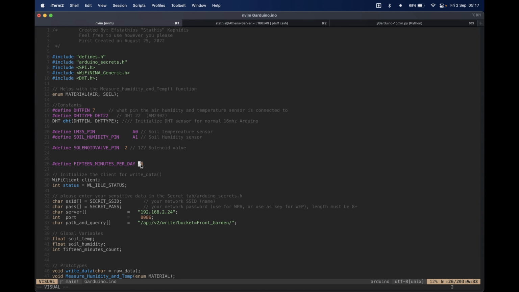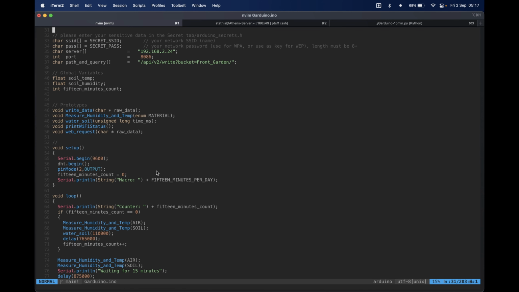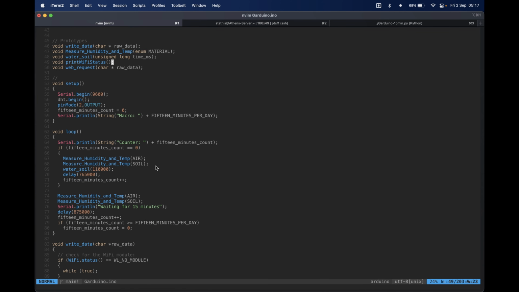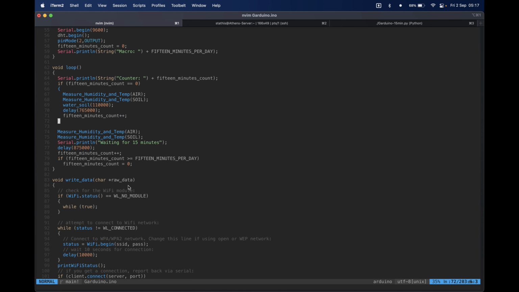The reason I'm doing it that way is so that I can get the measurements every 15 minutes, and when I want to water, I just have this counter which I initialize to 0, and if it's 0, then it waters for 2 minutes, then waits for the other 13. Also these two take some time, so that's accounted for, and then it increases the timer, right?